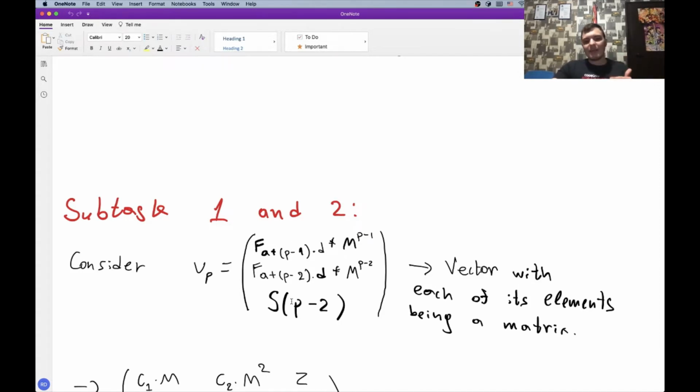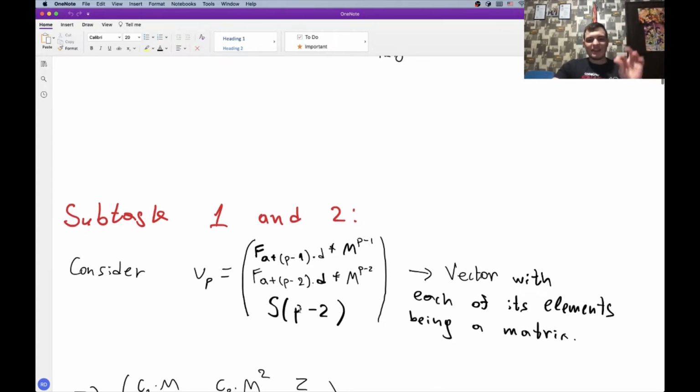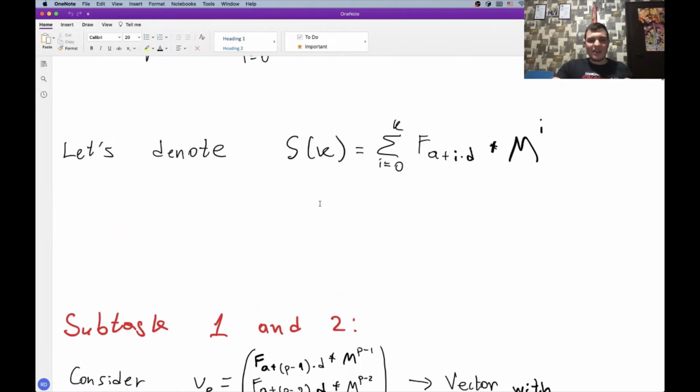The last element will be s of p minus 2. So we are interested in finding v of p plus 2, so we are interested in finding v of n plus 2, so that the last thing here will be our sum. And the first 2 elements of this vector, again remember those are matrices, will be, when we consider the s of p minus 2 sum, just the last terms of this sum.